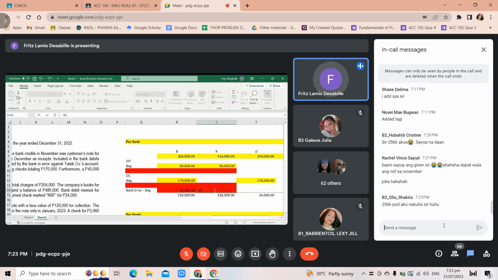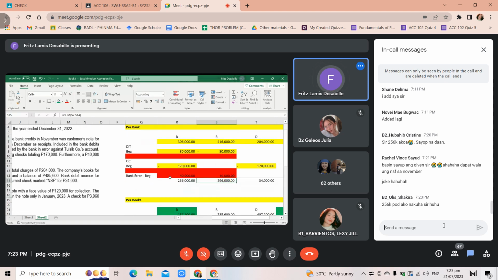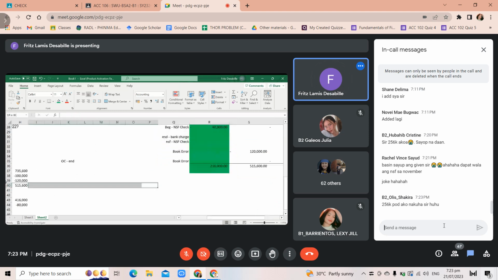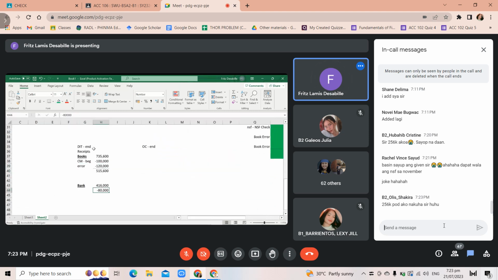Okay, di siya proper na receipts. Sige, okay na. So, sige, balik ta hapon. Kung mao na to ang deposit in transit ending, guys.